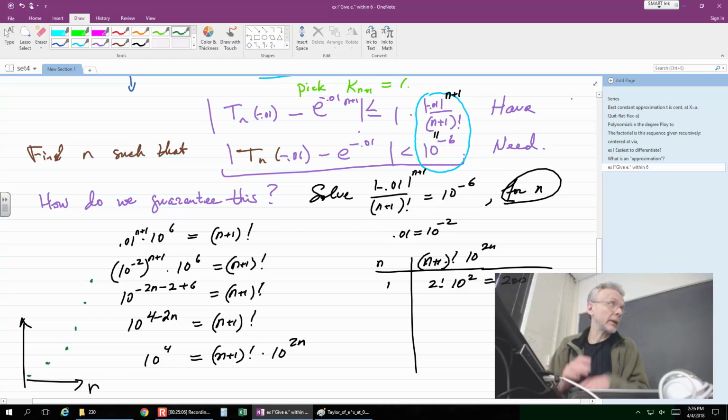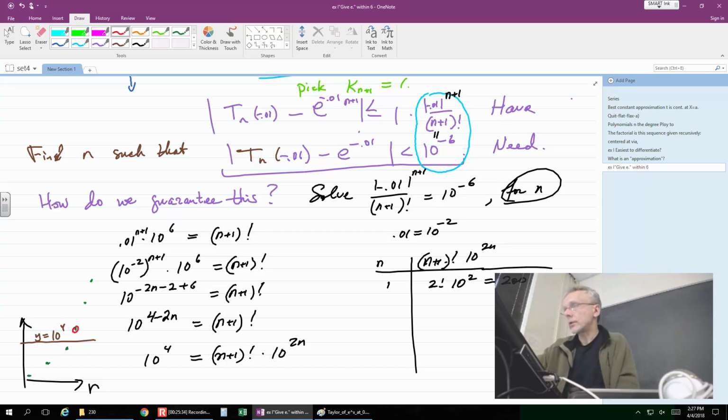It grows with n, but what I'm trying to find is the intersection with y equals 10 to the fourth. We're not going to hit it exactly. We'll skip it. So what we're after is this one, the first one that passes 10 to the fourth.